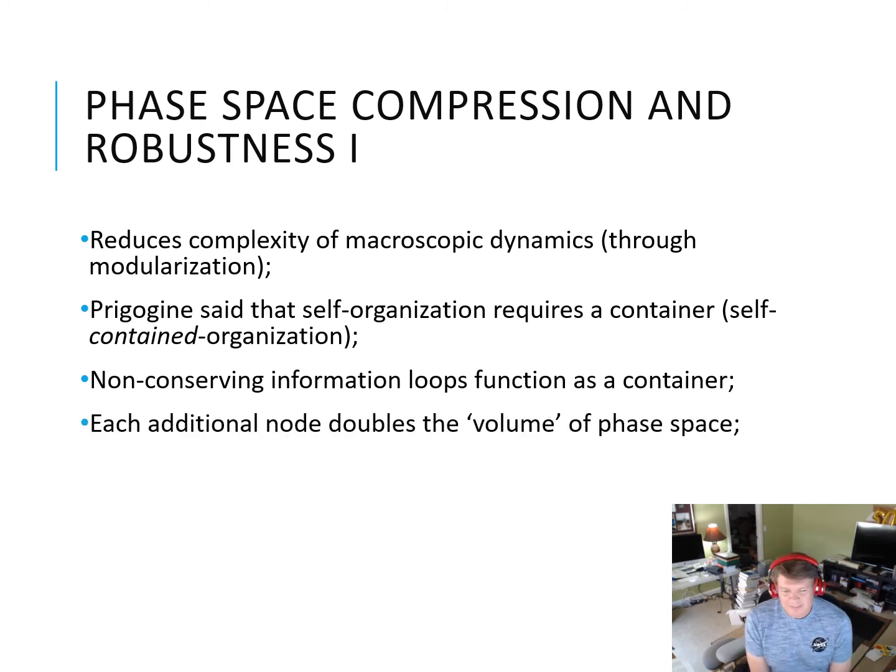And in a very simplistic way, the nodes that are removed when we identify the dynamic core, if nothing else, what they do is they double the size of phase space. So if it's 2 to the power of n, where n is the number of nodes, then every extra node you have that's connected, you are doubling the size of space. So you're doubling the size of the space that external perturbations could be targeting.